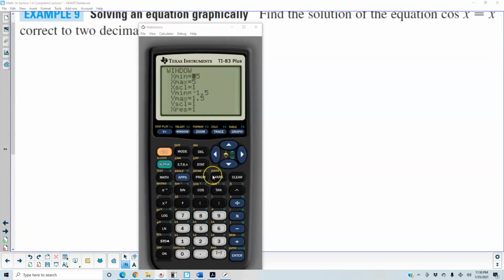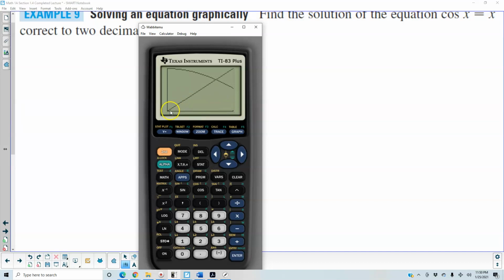So let's try 0 and 1, and then 0 and 1 here as well, just to give us this first quadrant. Okay, so this is 0 and 1.